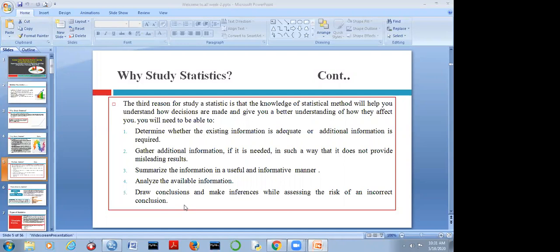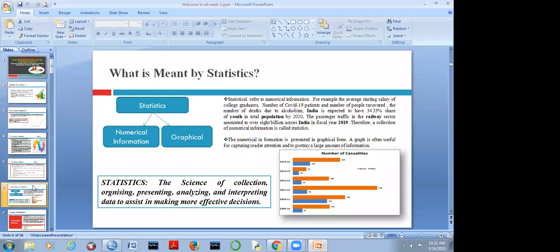In this manner, if you are a good statistician or an expert, you will go for a better decision. You become a better decision maker because you study the data or information in a very deep manner, in depth. Understood? Any doubt till now? No, ma'am.